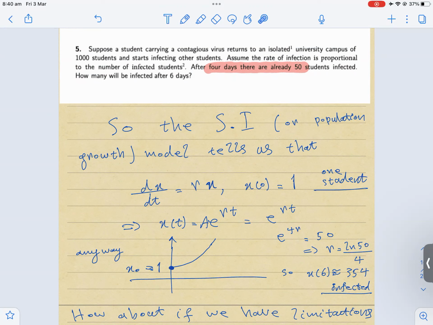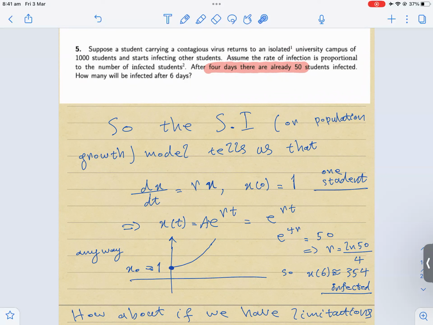After 4 days, we have 50 students getting this virus. So it is a susceptible infectious model, or population growth, or birth death model.